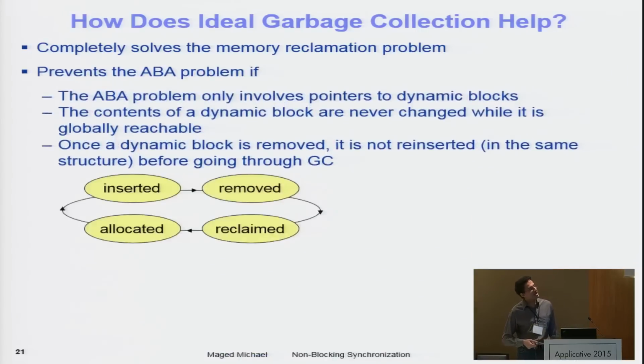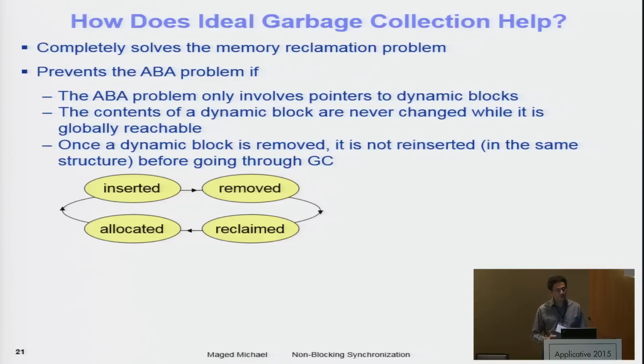So it helps by preventing the memory reclamation problem, of course, that's by definition, but it also helps in preventing the ABA problem if we follow certain rules. So it's not an automatic solution, but if we follow the rules, then it provides a solution for free.